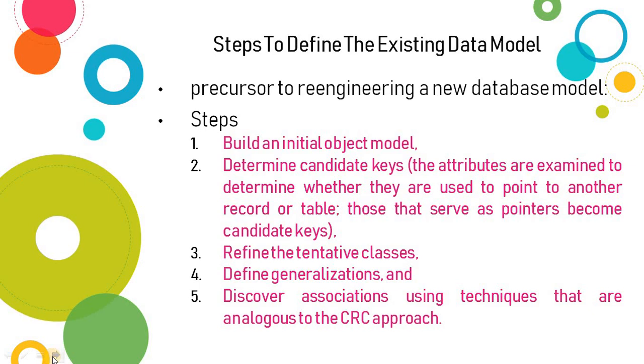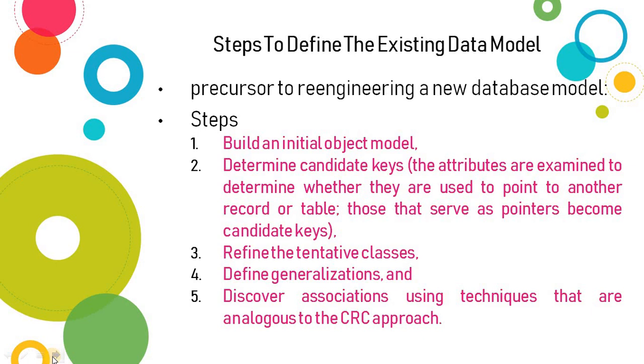Candidate key here means any pointer in a record or table that becomes the candidate key. Third step is to refine the tentative classes. Tentative class here means the temporary classes. From this information, we have to define some classes named tentative classes.